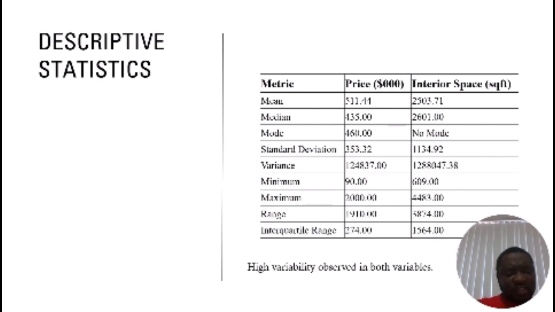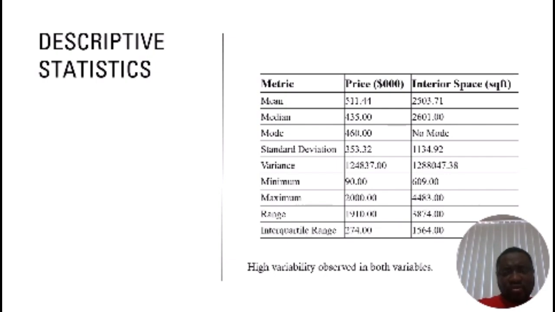At that time, the peak is 16 units when it was $500,000. The second histogram shows the histogram of total interior space.